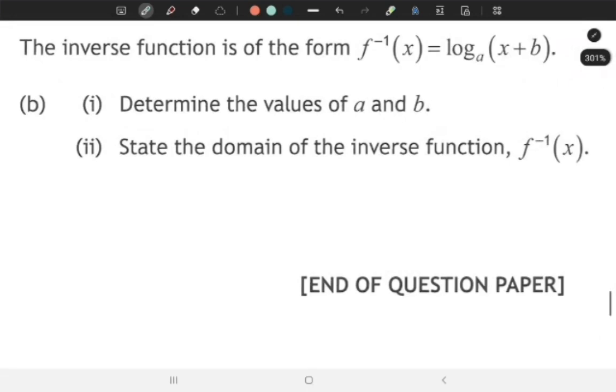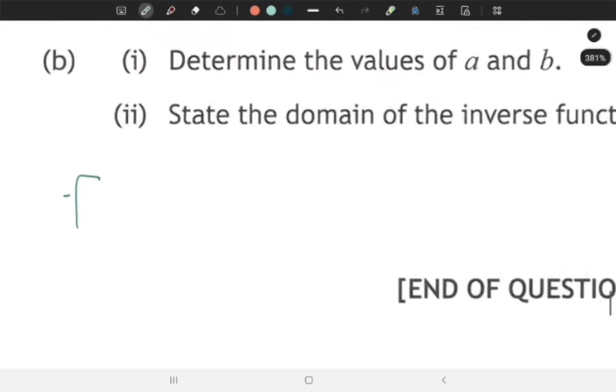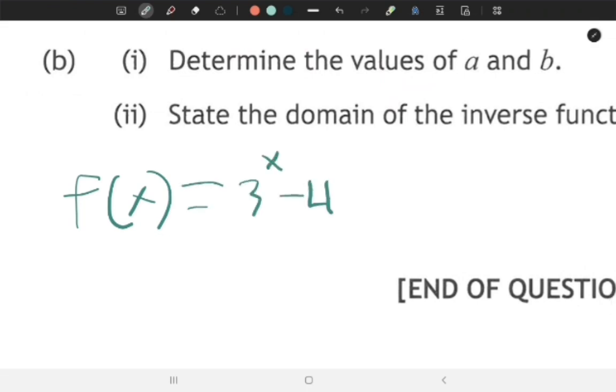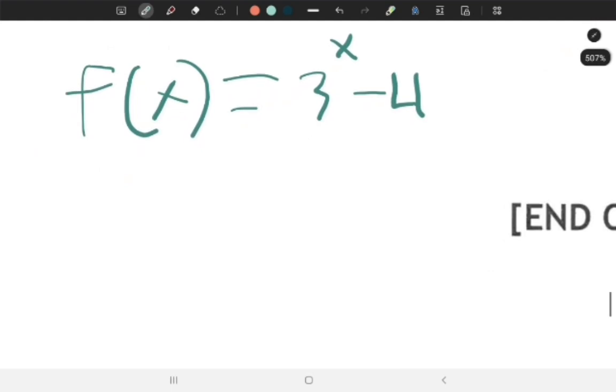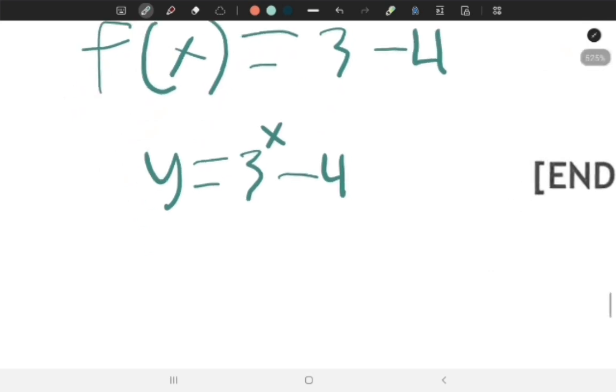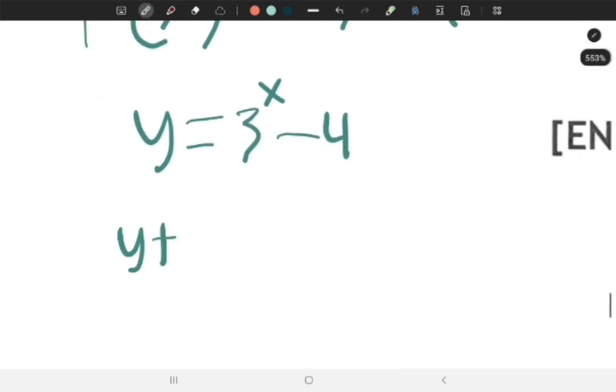And since we know that the function of x is equal to 3 to the x minus 4, and the function of x is the same as y equal to 3 to the x minus 4, since it's an inverse function, we flip the x and y.